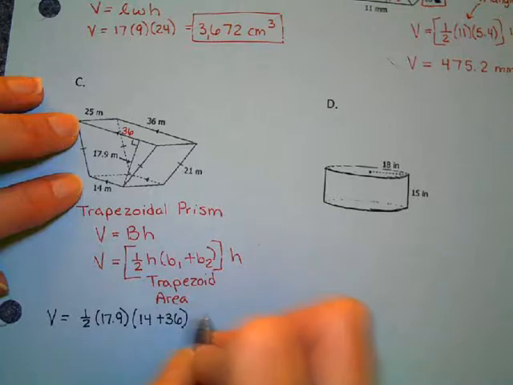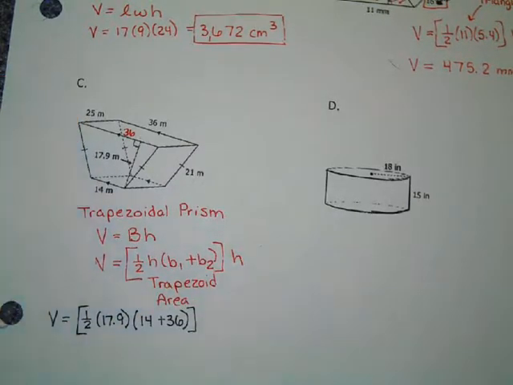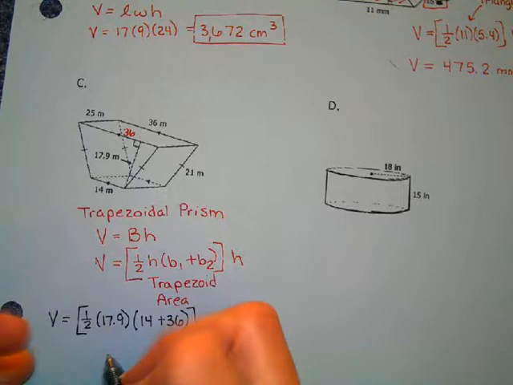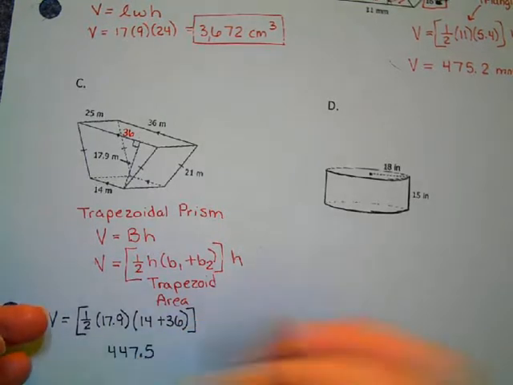So you're going to take that area, the trapezoid, let's just do that part, 0.5 times 17.9 times 14 plus 36. So the trapezoid part is 447.5, and then we're going to take that times the height.